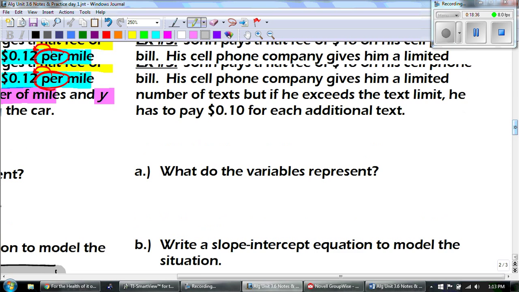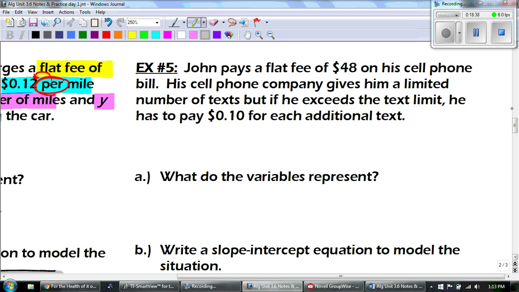All right. So John pays a flat fee on his cell phone bill. His cell phone company gives him a limited number of texts, but if he exceeds the text limit, he has to pay 10 cents for each additional text. Okay, so you have to tell me what is the X and what is the Y, because they don't tell me.